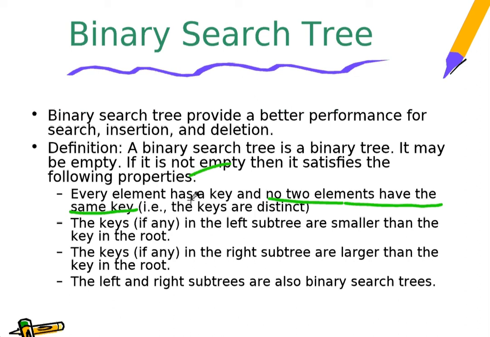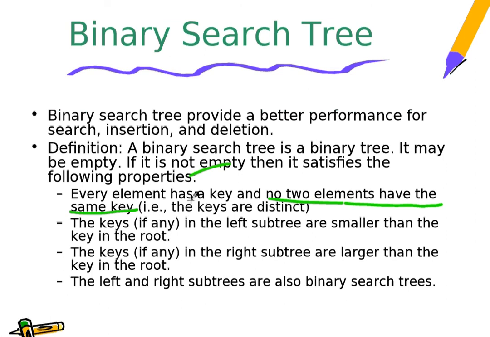Now, the keys in the left subtree are smaller than the key in the root. So all the keys in the left subtree will be less than the value of the root. Another condition is that the keys in the right subtree are always larger than or equal to the root.